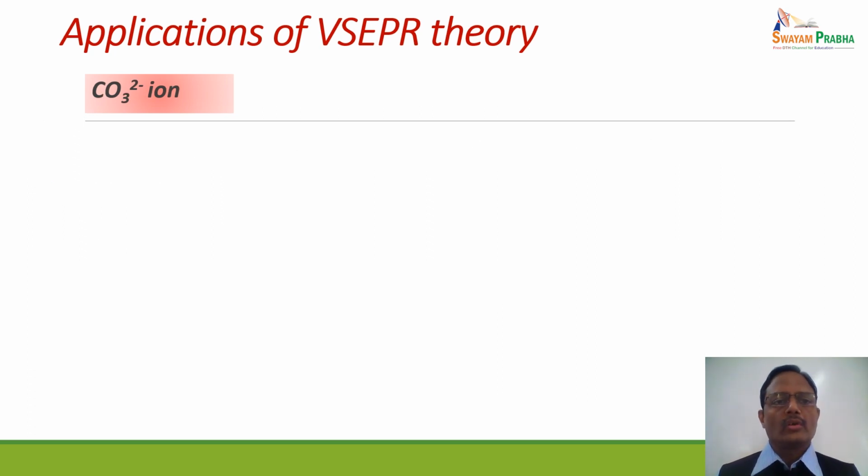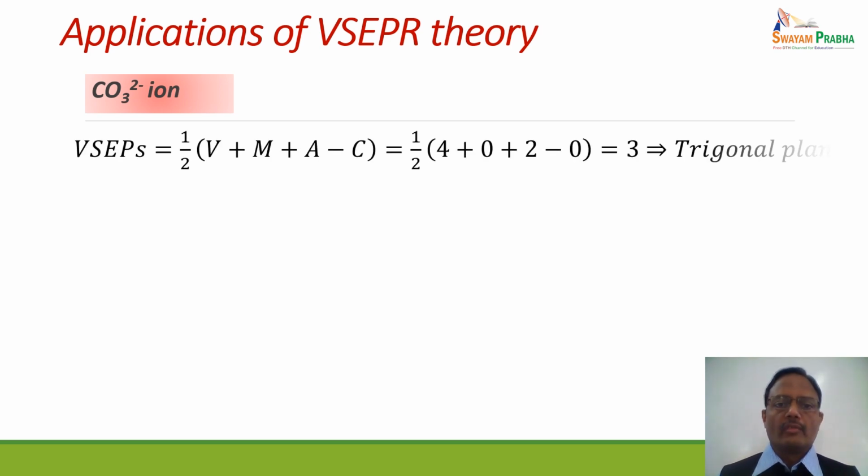Another important ion is CO3 2 negative, what we call the carbonate ion. This carbonate ion has a central carbon atom with 4 valence shell electrons and 2 electrons from the 2 minus anionic charge. So in total there are 3 valence shell electron pairs, leading to trigonal planar geometry.